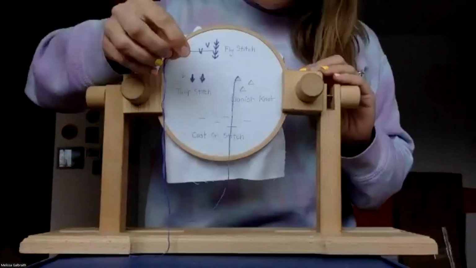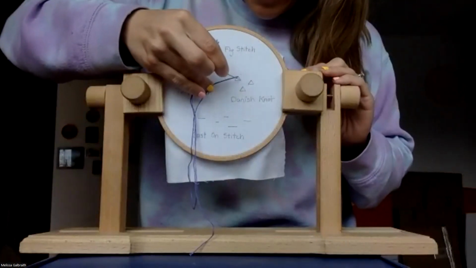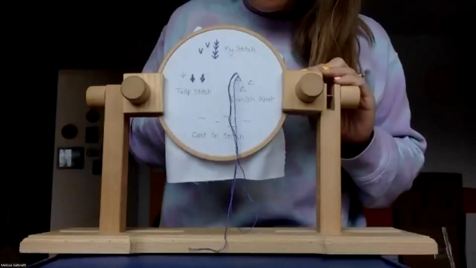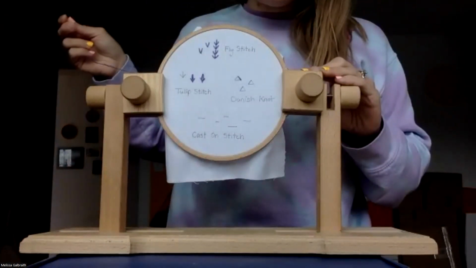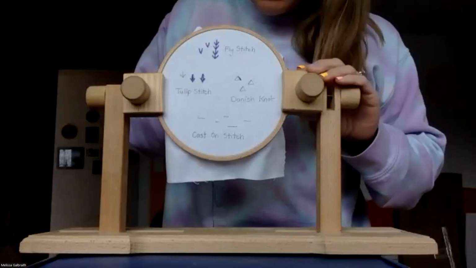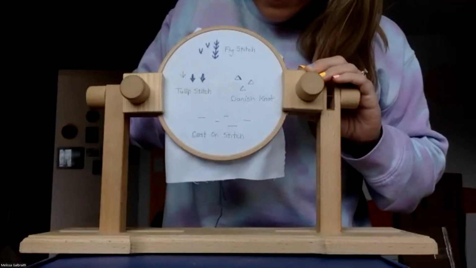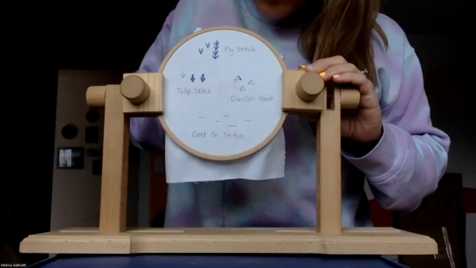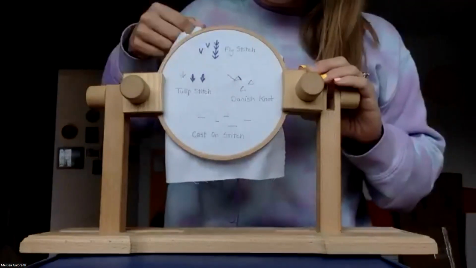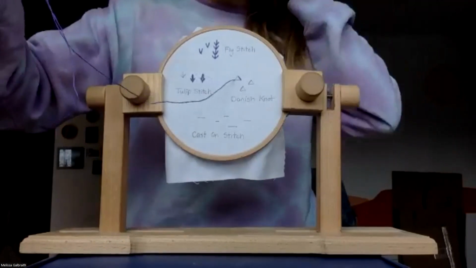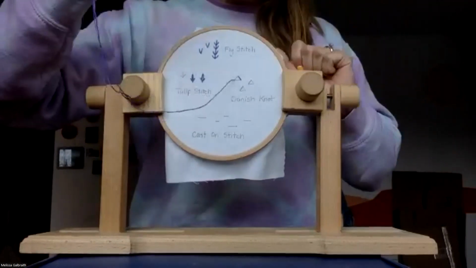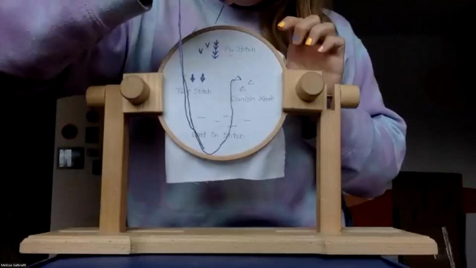And now we're going to make a straight stitch down one side of our triangle here, like so. Then we want to bring our needle up in the other bottom corner of your triangle. Now we're kind of going to start looping our thread around this straight stitch to get our knot.